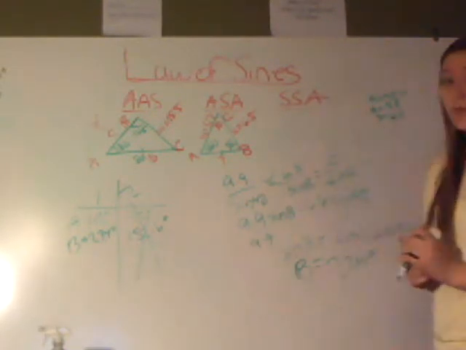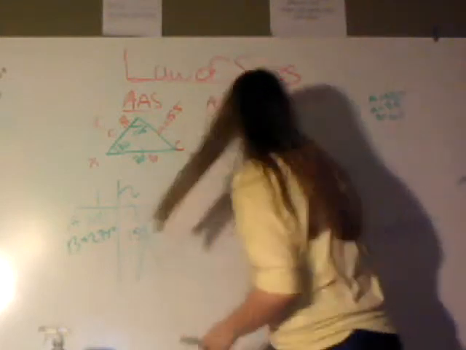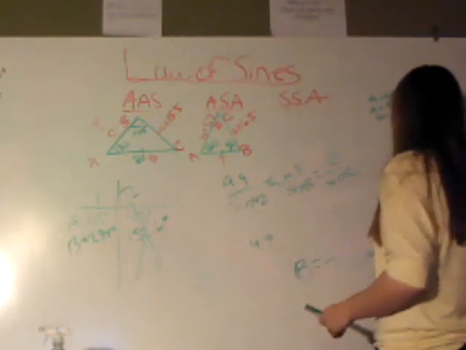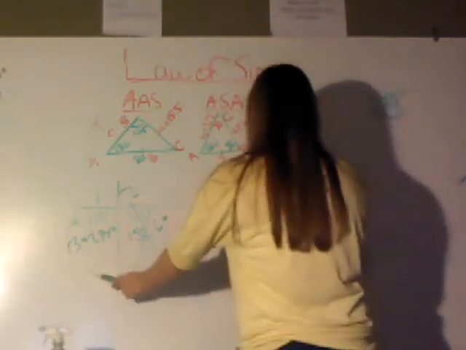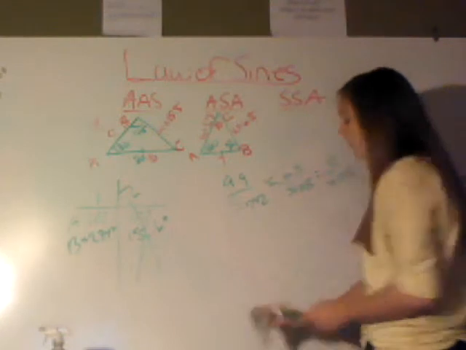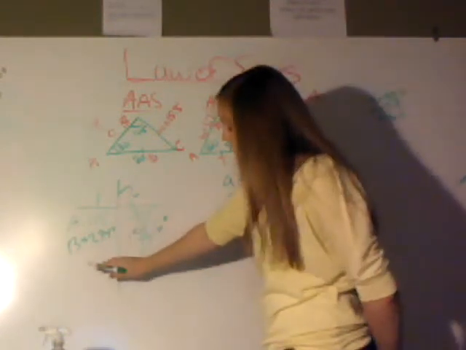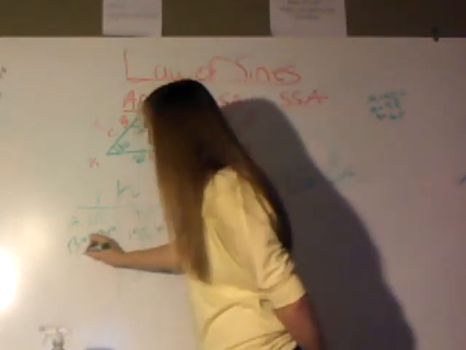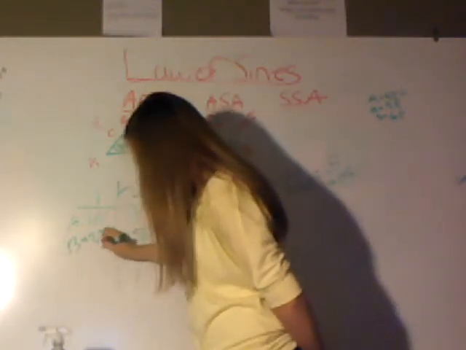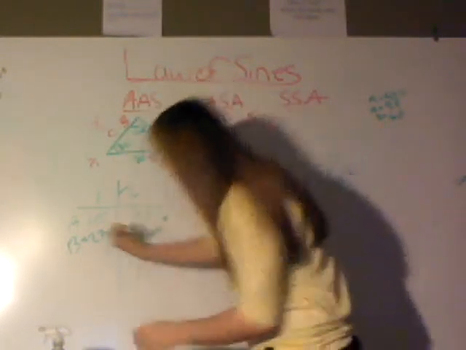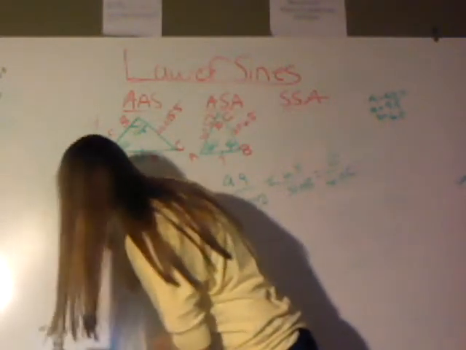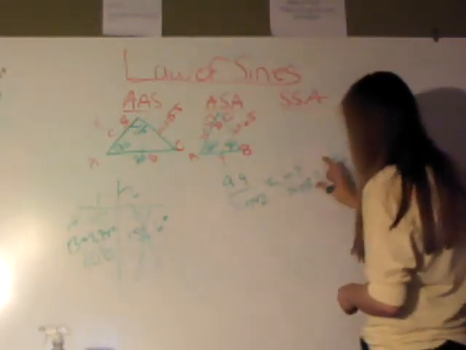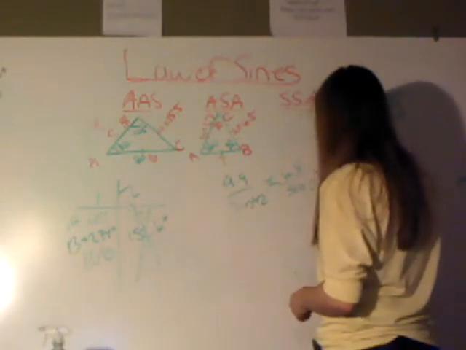But since we have just 1 triangle, we're going to solve for the rest of the triangle, which means we need to know side C. Since we have both of these angles, we can discover the third by subtracting both of those from 180, which would give us 110.6, with the other angle being 27.4.